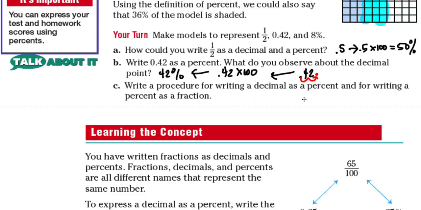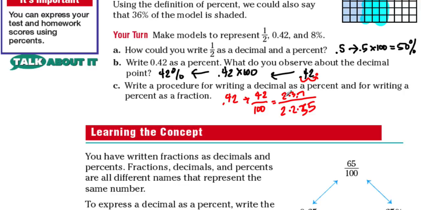And to write a percent as a fraction, if we want to express 0.42 as a fraction, we simply make it into 42 over 100, and then you simplify. 42 is 2 times 3 times 7, prime factorization, that is. 100 is 2 times 2 times 5 times 5.